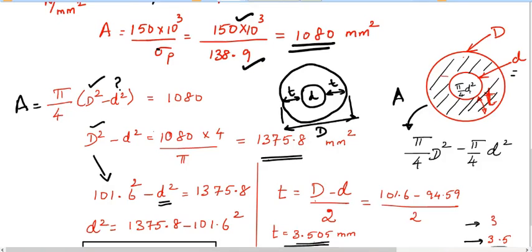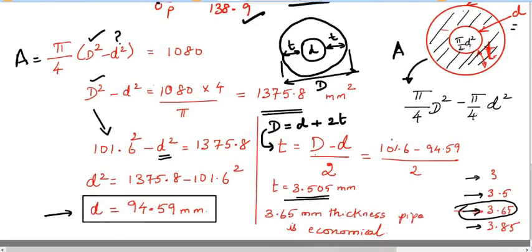So I can write outside diameter, that is capital D, is equal to inside diameter plus 2 times the thickness. From this equation, you can get what is thickness. Thickness is equal to capital D minus small d by 2. So you know what is outside diameter and inside diameter. You subtract and divide by 2, you'll be getting the thickness. So thickness is 3.505 mm.